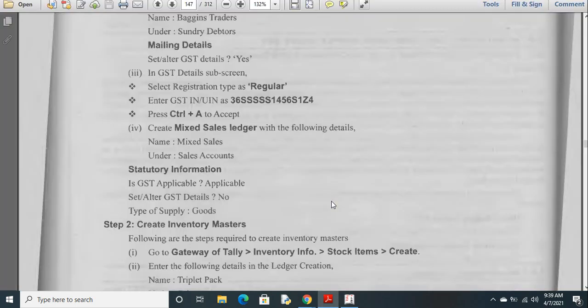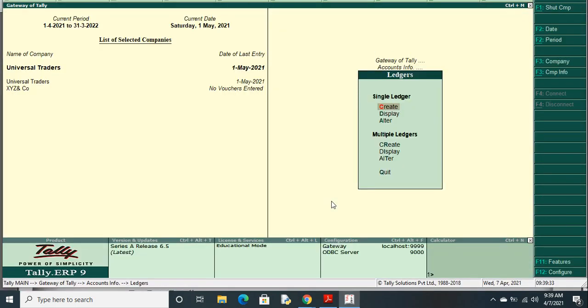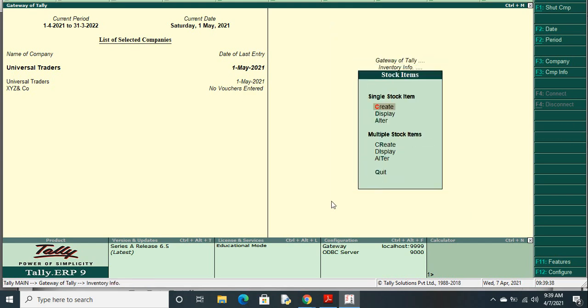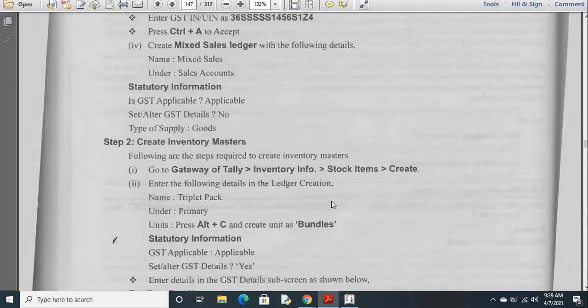Next we have to create stock items. Inventory, stock item, create. What is the stock item?